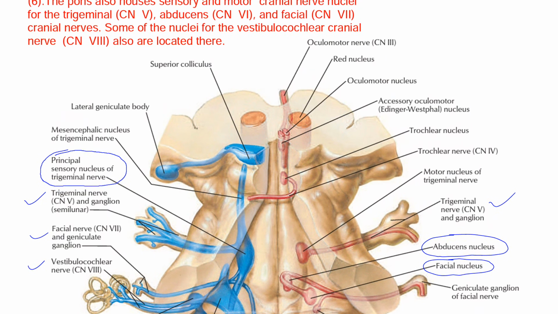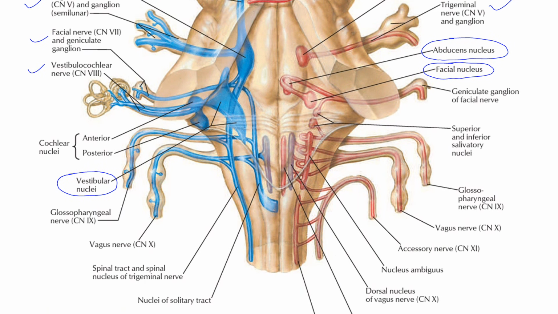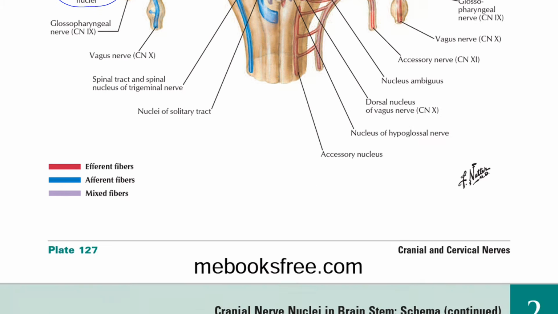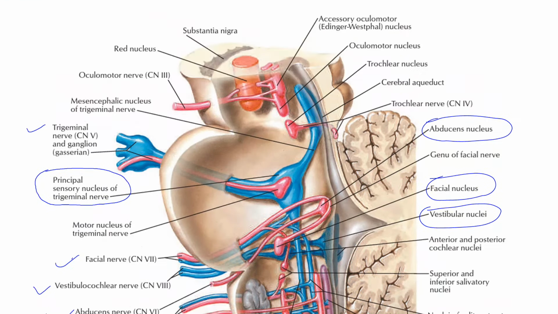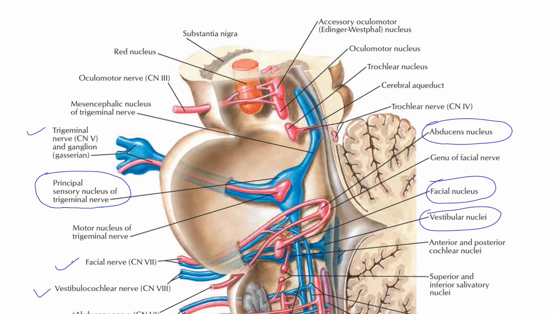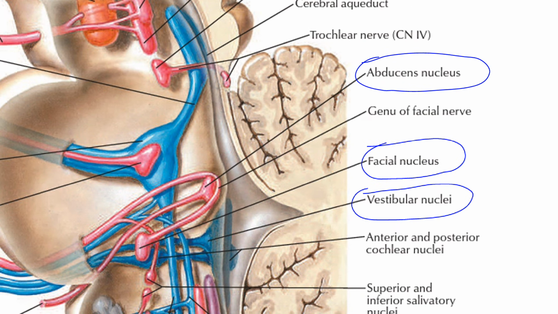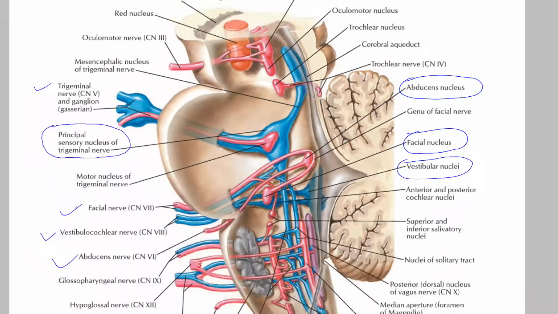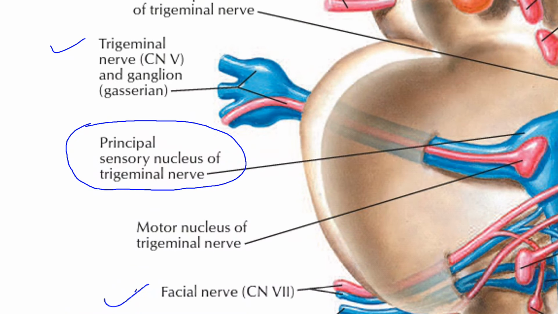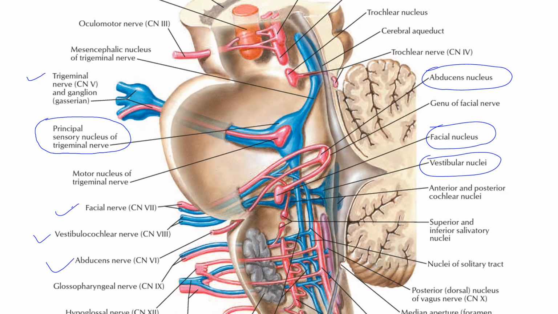I am showing you the entire figure so that you can see it properly. Okay, and in this figure, cranial nerve nuclei in brainstem schema continued. See the names of the nuclei: abducens nucleus, facial nucleus, vestibular nuclei, and on this side, the principal sensory nucleus of the trigeminal nerve. So 4 nuclei and 4 names of nerves.